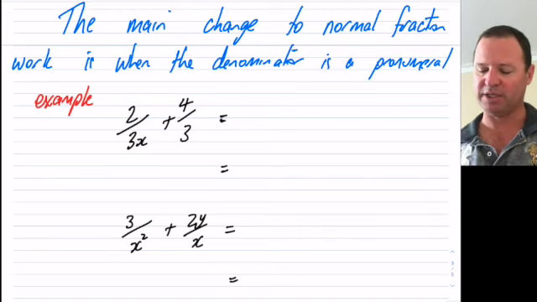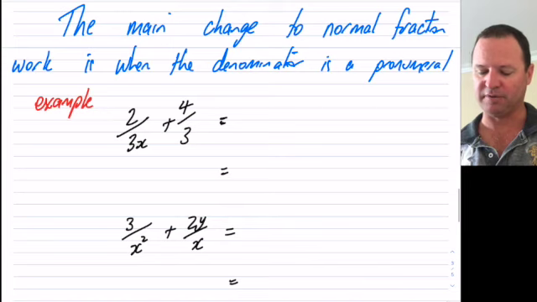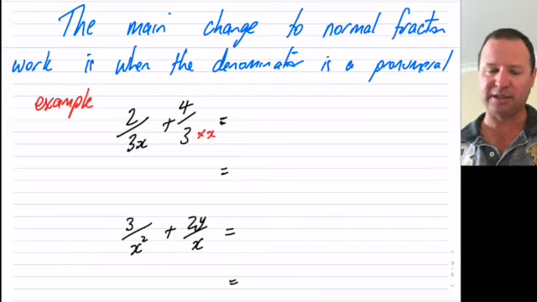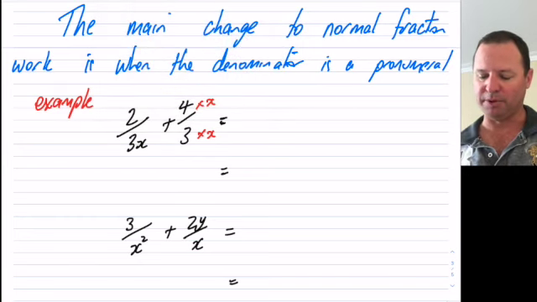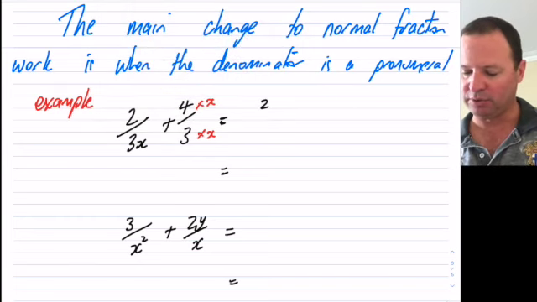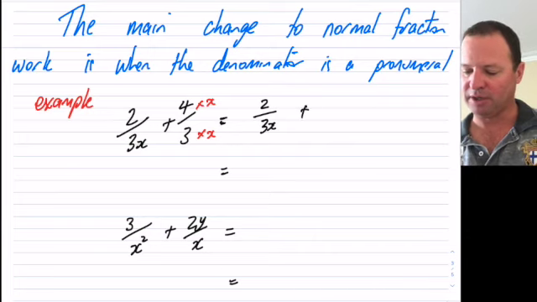If not, again, I'll reach out and I'll try and make up some videos for you. But the common thing that I'm going to have to multiply this time by is x, because if I multiply 3 by an x, that's going to get me to 3x, okay? So that's going to be my common denominator there. I've got 2 over 3x, and I've got 4x there over 3x.